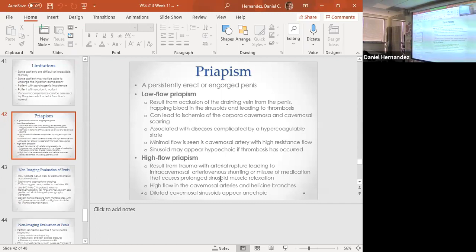We basically created an arteriovenous fistula or arteriovenous malformation within those tissues. And now we have blood flow shunting directly into the venous system that leads to high flow. We have high flow in the cavernosal arteries and the helical branches, and dilatation of those cavernosal sinusoids.